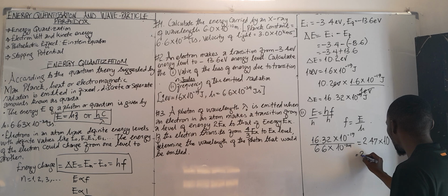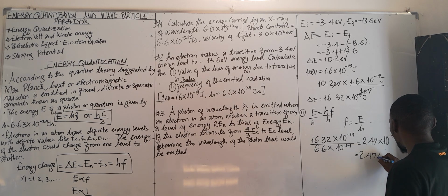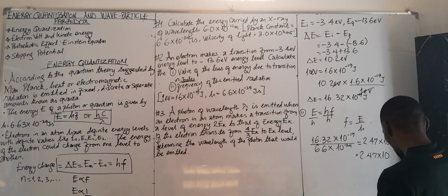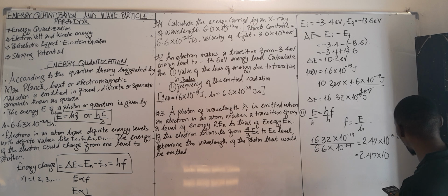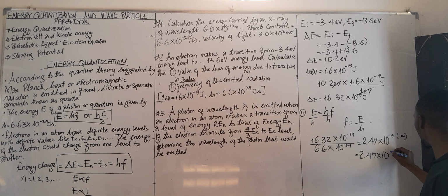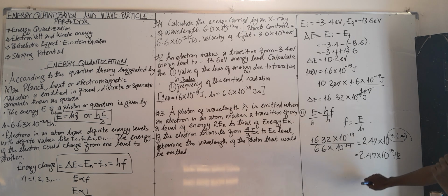So this will give me 2.47 times 10 to the power of 34 minus 19, which will give me 15. What is the unit for frequency? It is Hertz. I believe you know how I did this. Negative is positive. So that's how this answer was gotten.